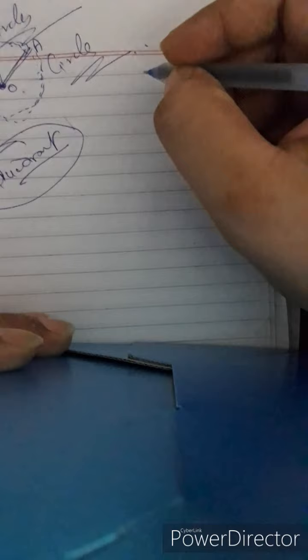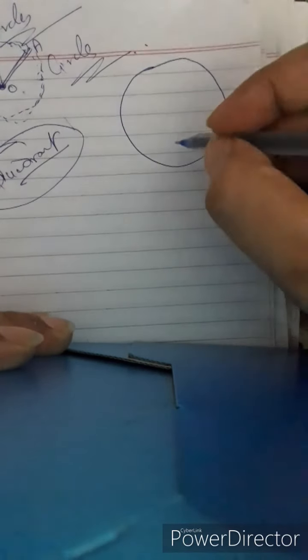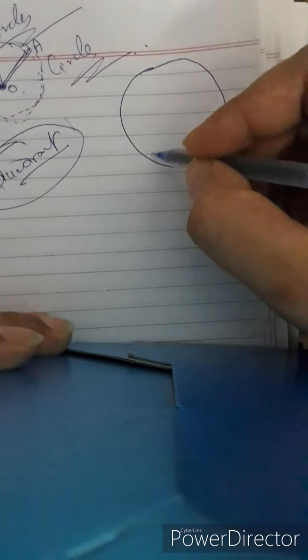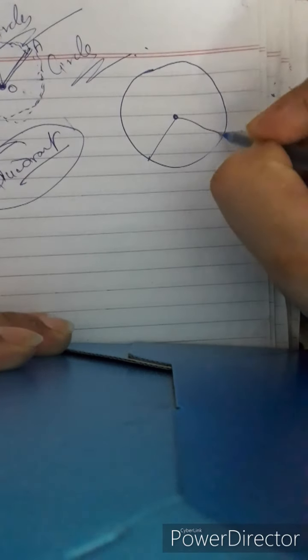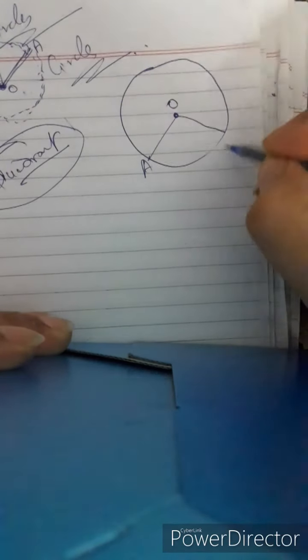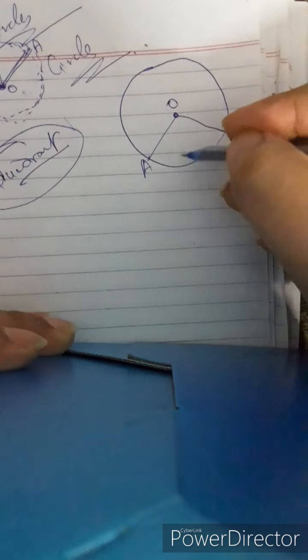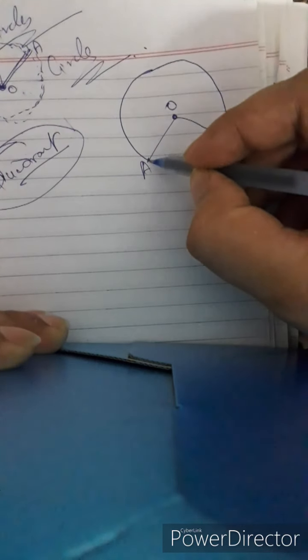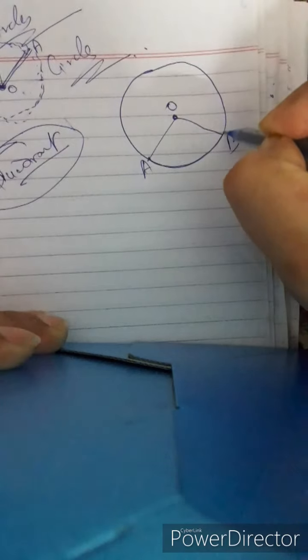Suppose this is a circle, and this is a sector OAB. This is called an arc.